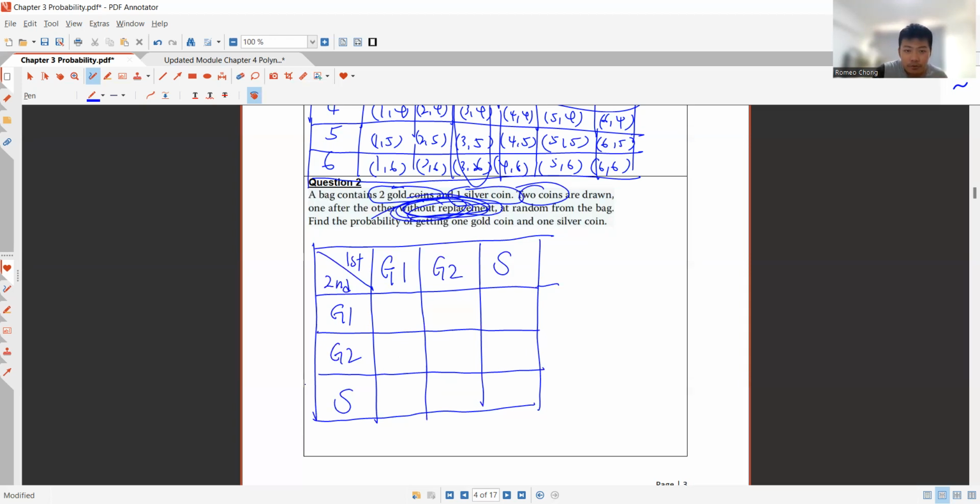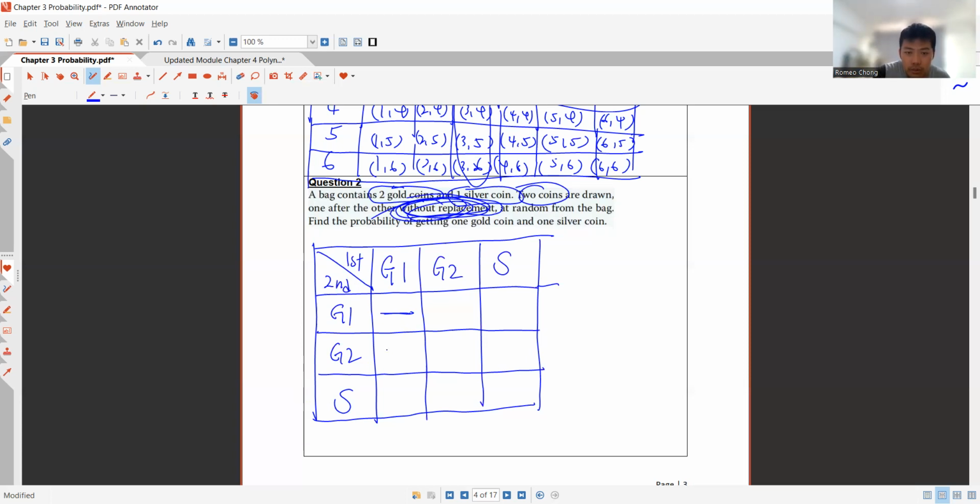Meaning that for the first one here, it's not possible at all. So either you put a dash or you put a cross, because it wouldn't happen at all. Because after you choose G1, there is no more G1 in the bag. There are two other coins, G2 and S, meaning that the possibility for you to pick the second one will be G2 or S only.